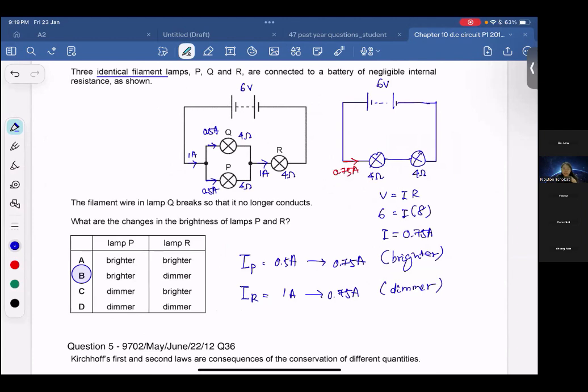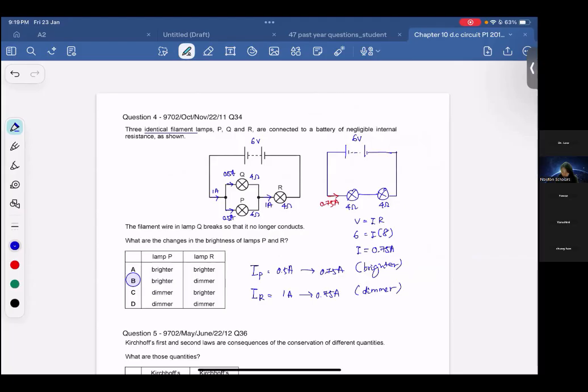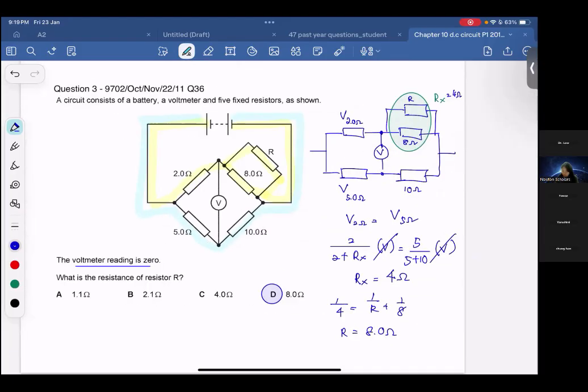I just simply put some value and make sure the value is easy to calculate, then we see the effect.